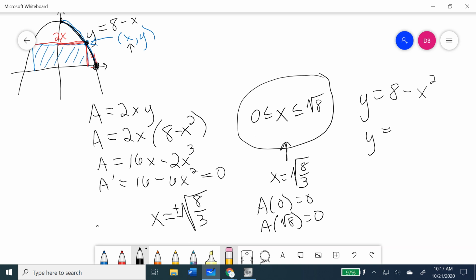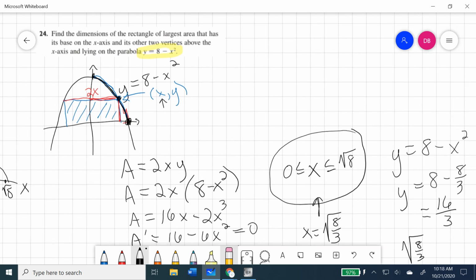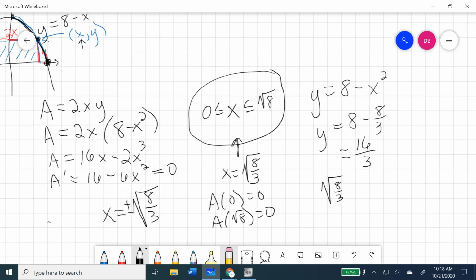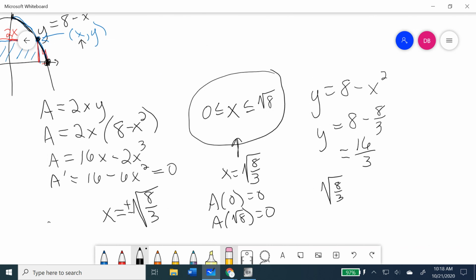If I plug the positive root in there, I will get 8 minus 8/3, giving me 24 minus 8 over 3, which is 16/3. Did it give units? It did not give any units. So basically just square root of 8/3 units by 16/3 units.